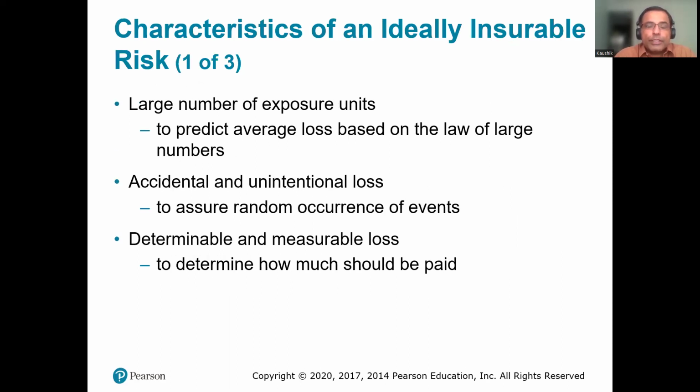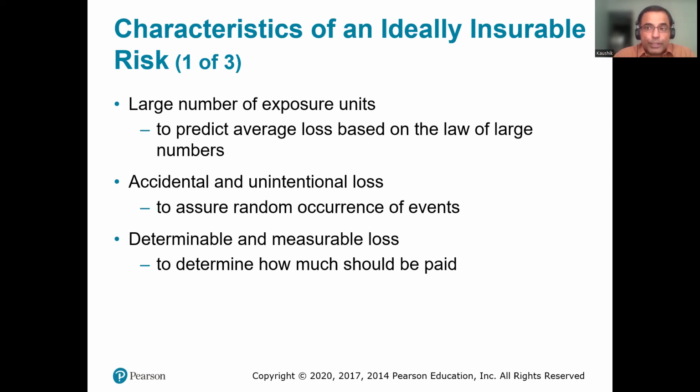So what are some of the characteristics of insurable risk? Risk that can be insured. First is large number of exposure units. That is, large number of entities are likely to face that loss and hence they will opt for insurance. But a few of them will actually face the loss, so the losses will be spread across large number of exposure units.